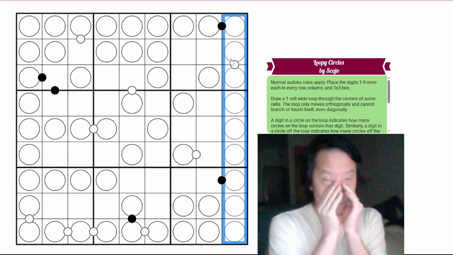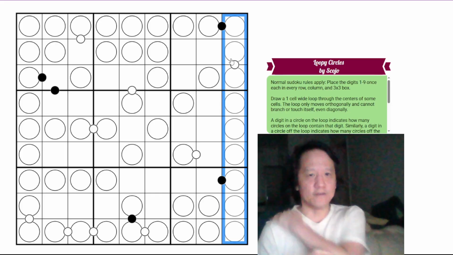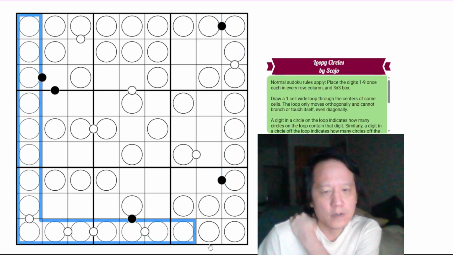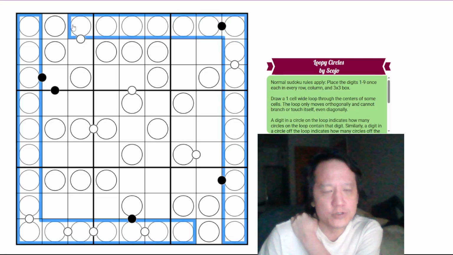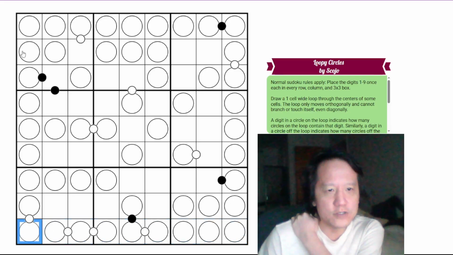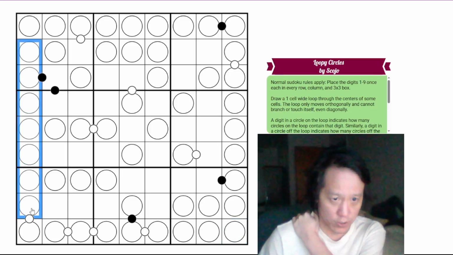Okay. So what does that mean? So 1 and 2 have to be in the corners, period. Because you can only have 2 of each in circles for 1 and 2. And if you don't have them in the corners, that means you're going to have 1 in this row or column.